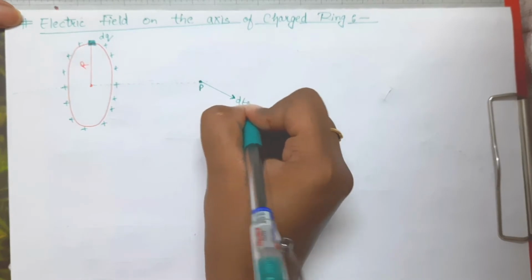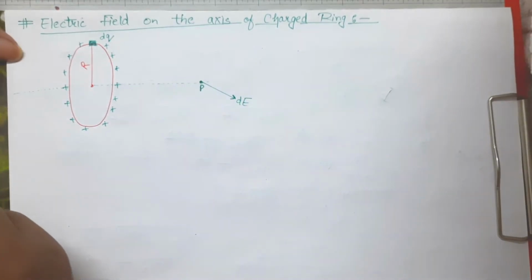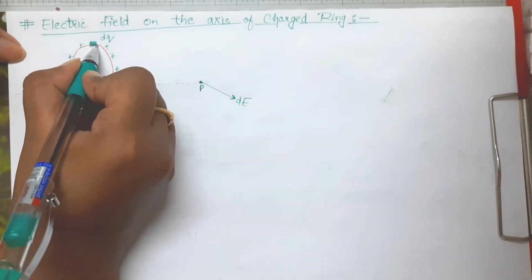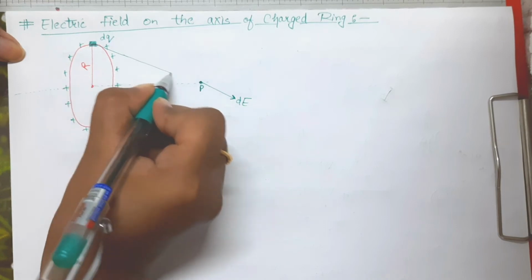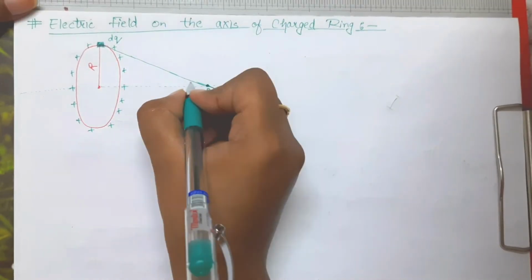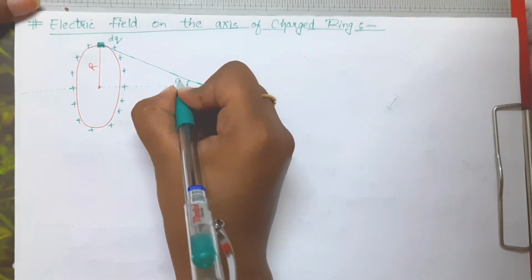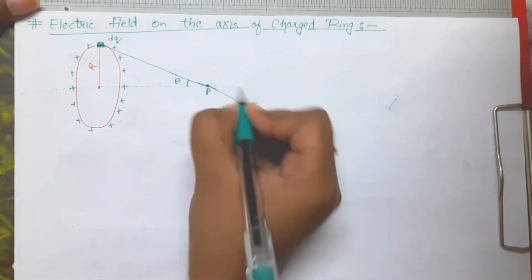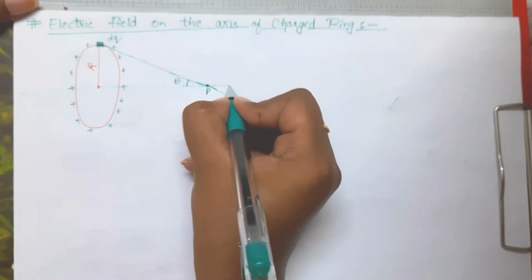So this is dE. Now I'm just going to connect this point to point P. Suppose this is subtending an angle of theta from here. This is the horizontal line.